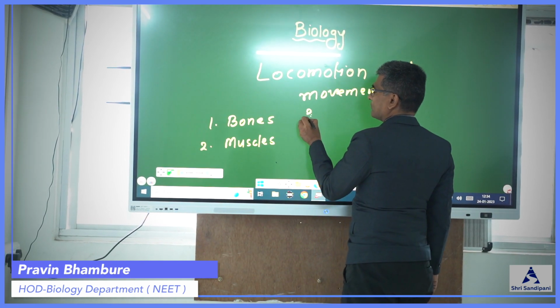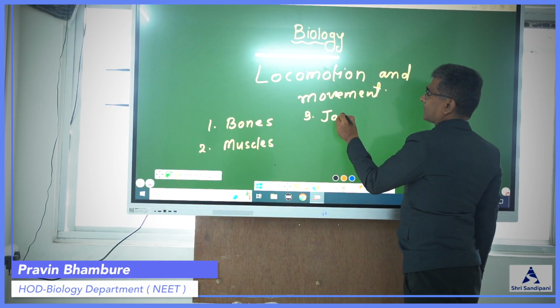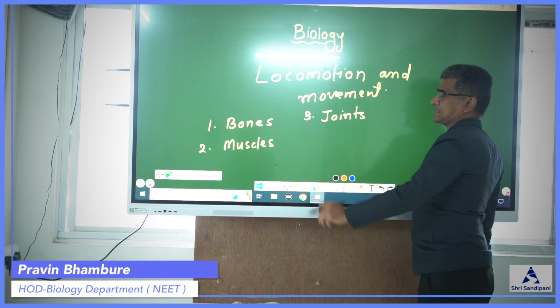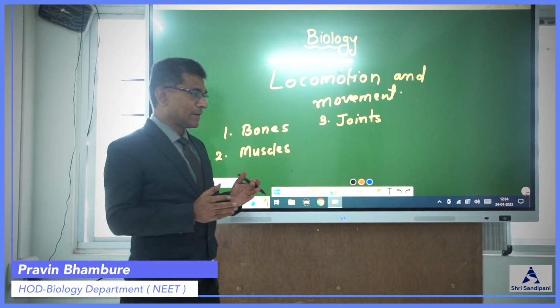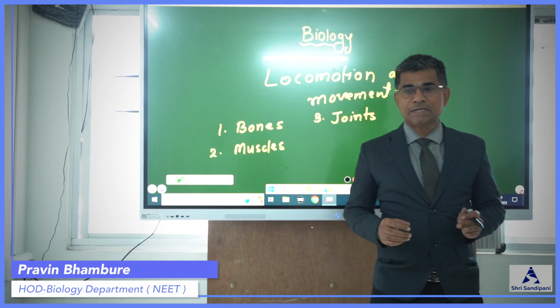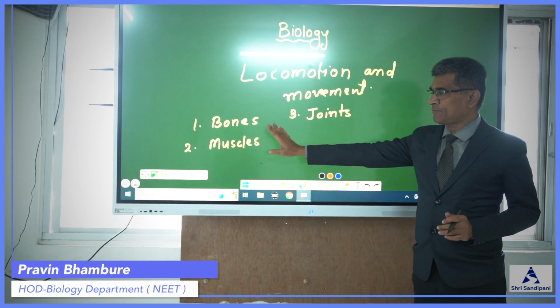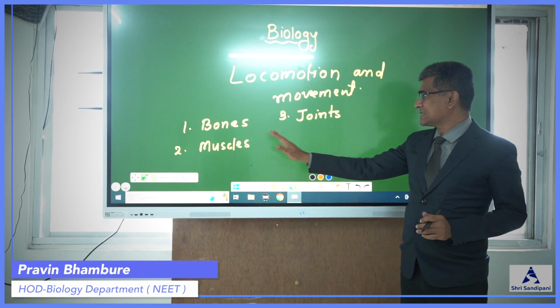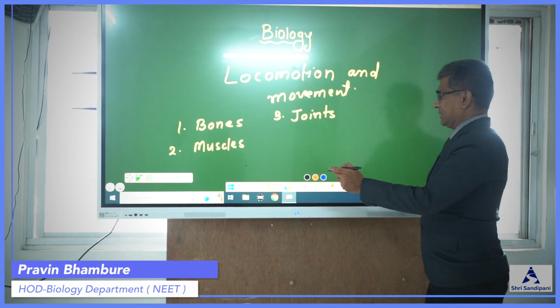Then in this chapter, we will also be talking about joints. And there will be some part of tissue that we have already studied, that is tendons and ligaments. So that part will be here, but in this chapter we will be focusing mostly on bones, muscles and joints. That's it. And that is how we will be going ahead.